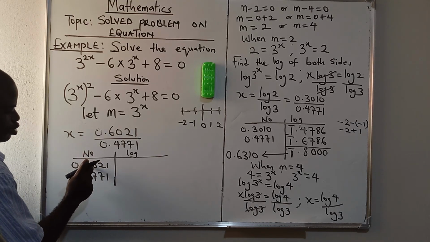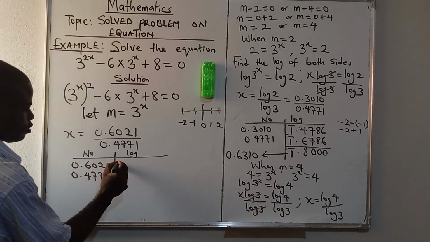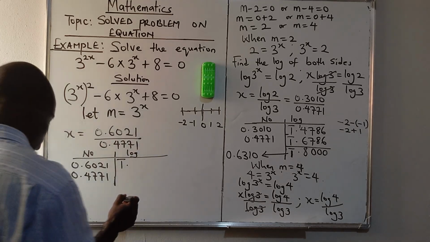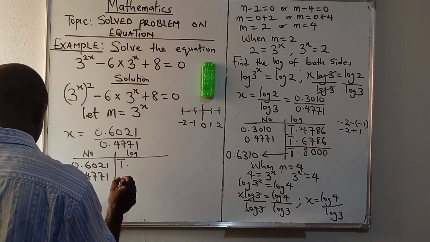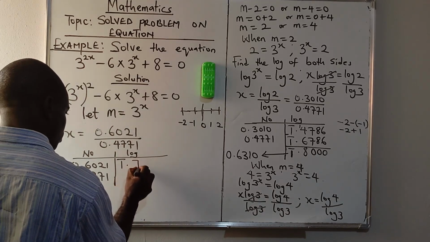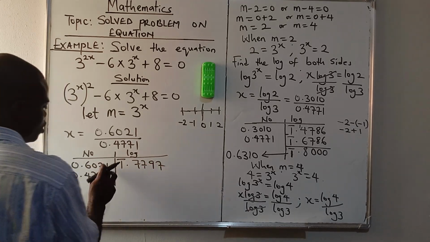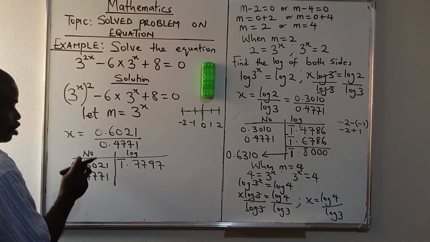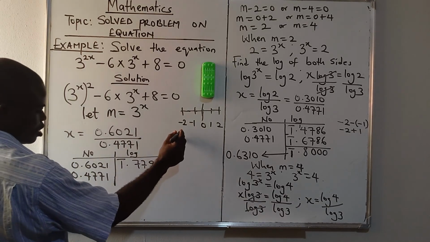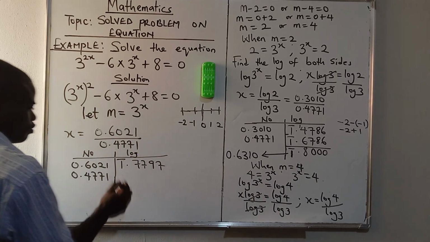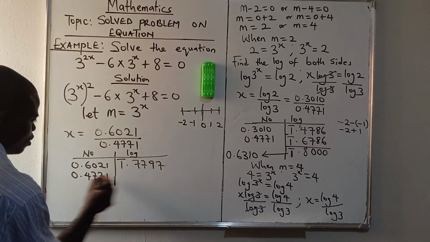Now shift once to get one figure to the left, very important. Shift once, check 60 under 2, difference of 1, we have 7797. You add the value you see under the difference of 1 to what you have.